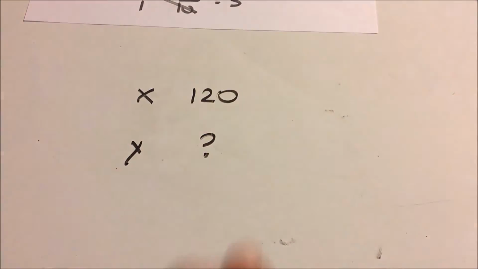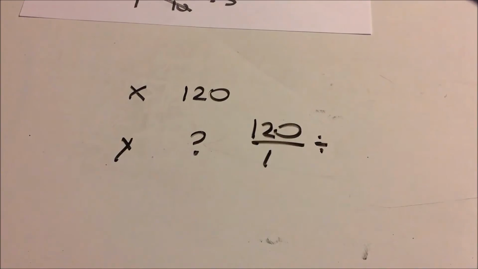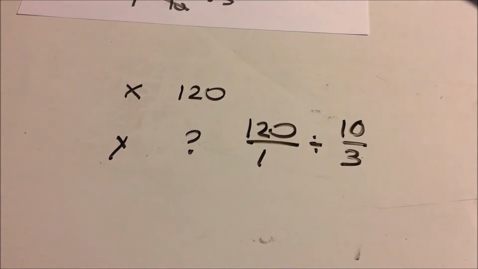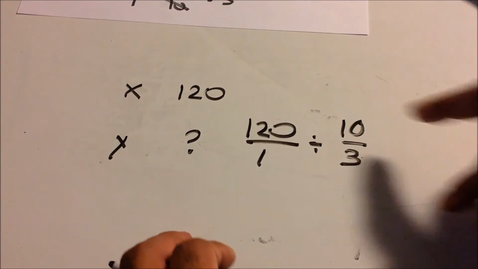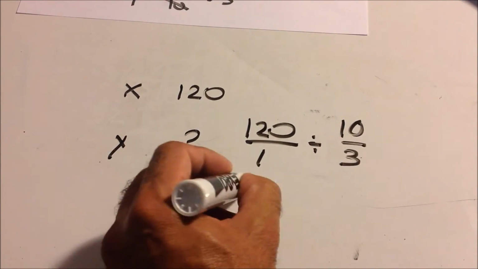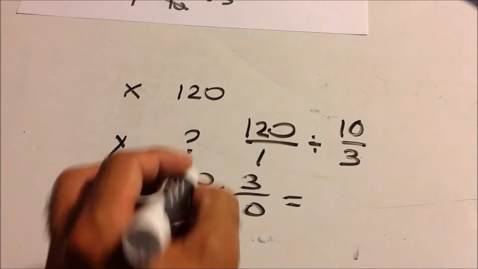We want to find the y, so we have 120 divided by what? 10 over 3. What do we do next? We flip the last fraction, so it's 120 divided by 3 over 10. Now what? Let's make that division better.